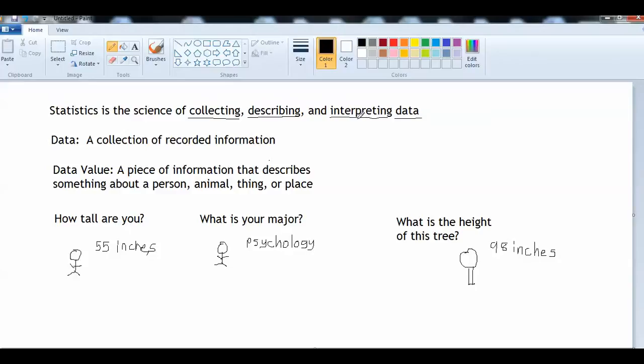And once I'm at the point where I actually reach my conclusion about whether it appears that going to college longer will help you make more money, I'm interpreting my data set because I'm reaching a conclusion. I'm actually trying to decide what the answer to my question is. So that's interpreting data.